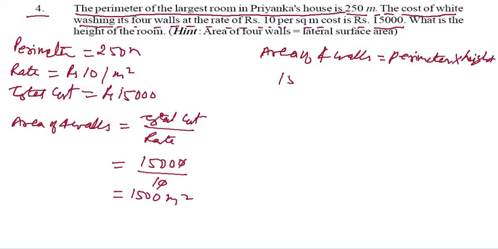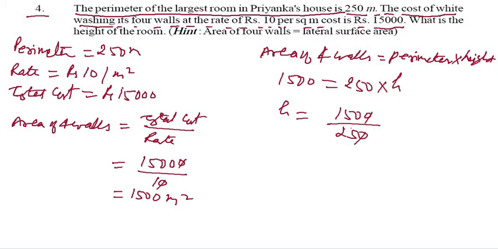It is given as 1500, perimeter is given here 250, so you have to write 250 and height is h. So you can say h is equal to 1500 upon 250. So 0 will be cancelled out. So 5 5s are 25, 5 3s are 15, and 1 0. So 5 6s are 30. So your height is 6 meters, and that one is your answer.